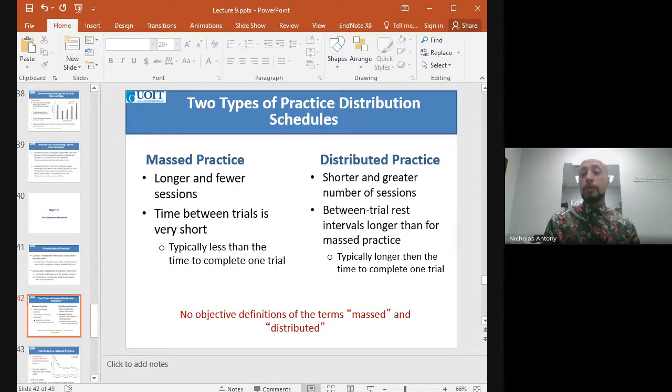So while Jacob was looking up that slide, do we all understand the difference between mass practice versus distributed practice? Or longer and fewer sessions versus shorter and a greater number of sessions? Everyone?